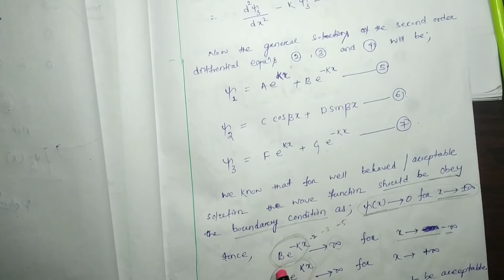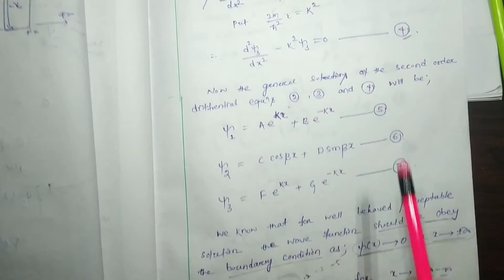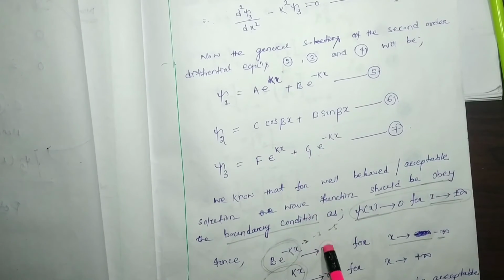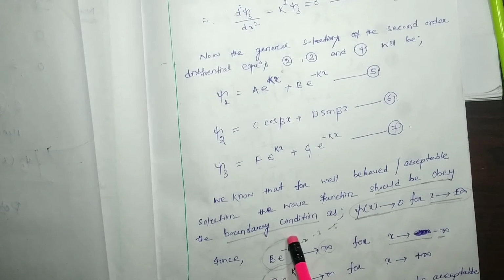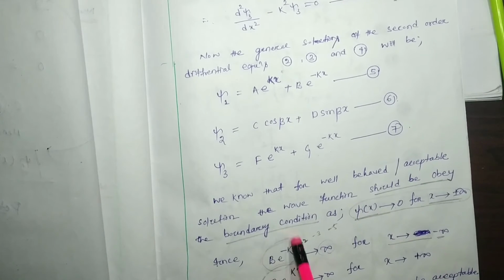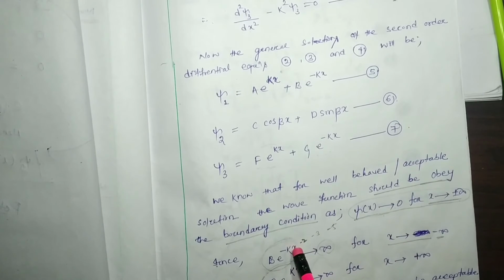So if we consider the term b e to the power minus kx for region 1, it will be infinite for x tends to minus infinity. As this is not obeying the boundary condition, this term is not going to be acceptable.